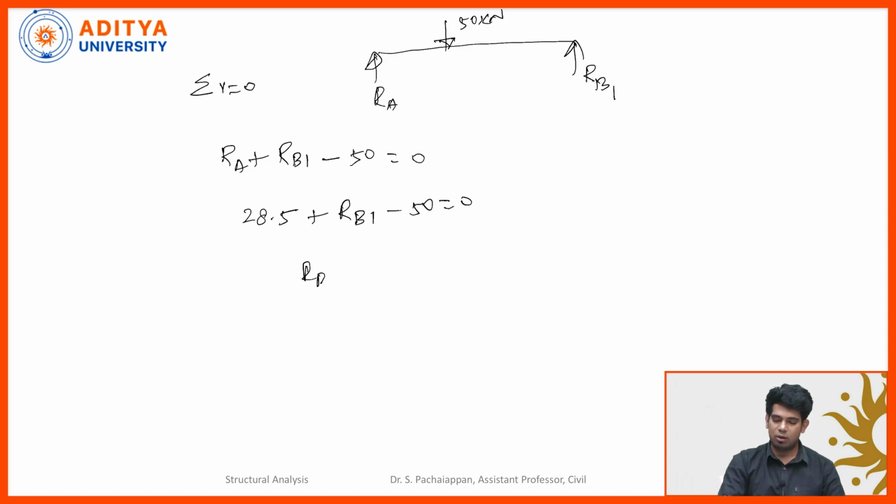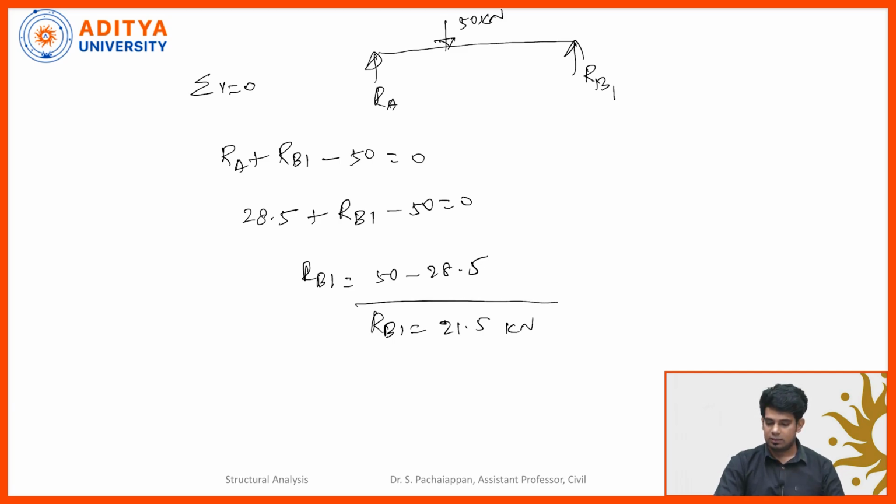So RB1 is nothing but 50 minus 28.5. So RB1 is equal to 21.5 kilonewton. Okay. Similarly we need to calculate RB2 also.